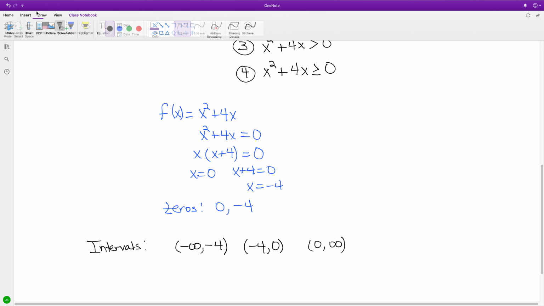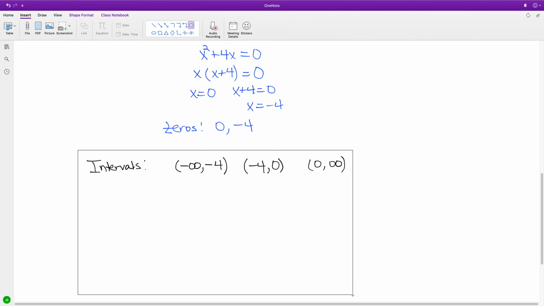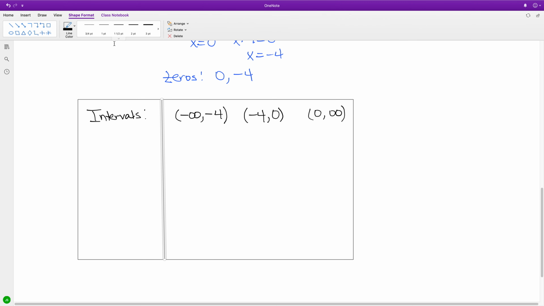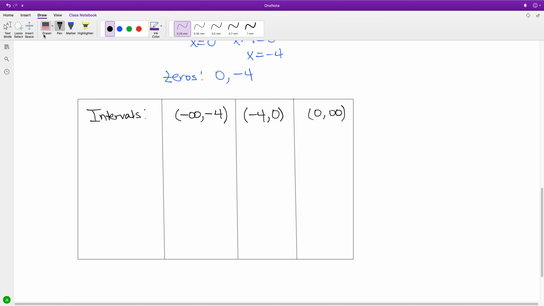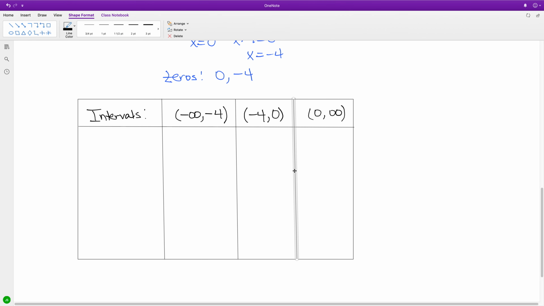And so I'm just going to go ahead and set up a table. I'm going to test each subinterval section, and we're setting up the representation of each of the subintervals that we have in place.